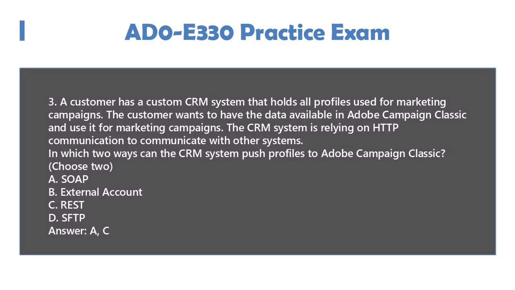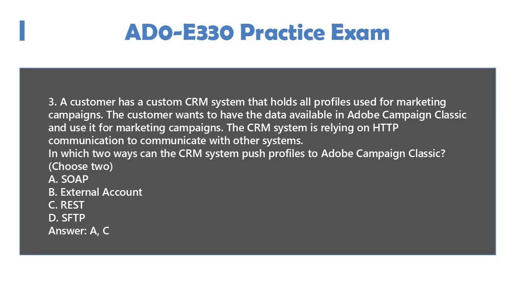3. A customer has a custom CRM system that holds all profiles used for marketing campaigns. The customer wants to have the data available in Adobe Campaign Classic and use it for marketing campaigns. The CRM system is relying on HTTP communication to communicate with other systems.